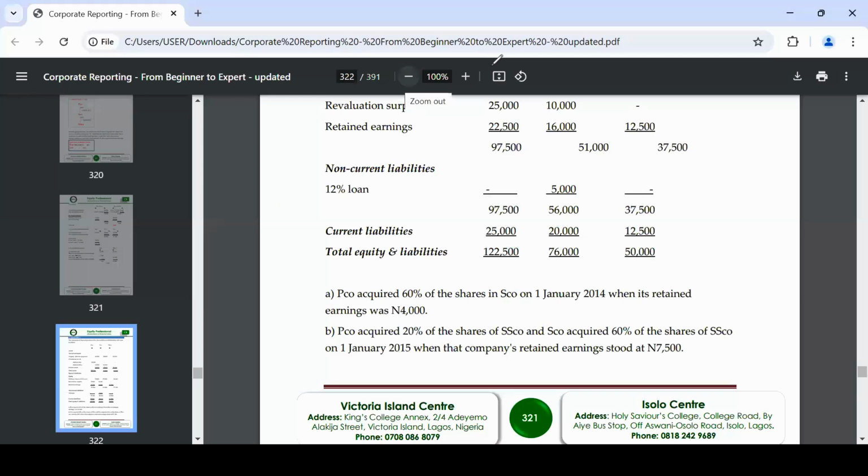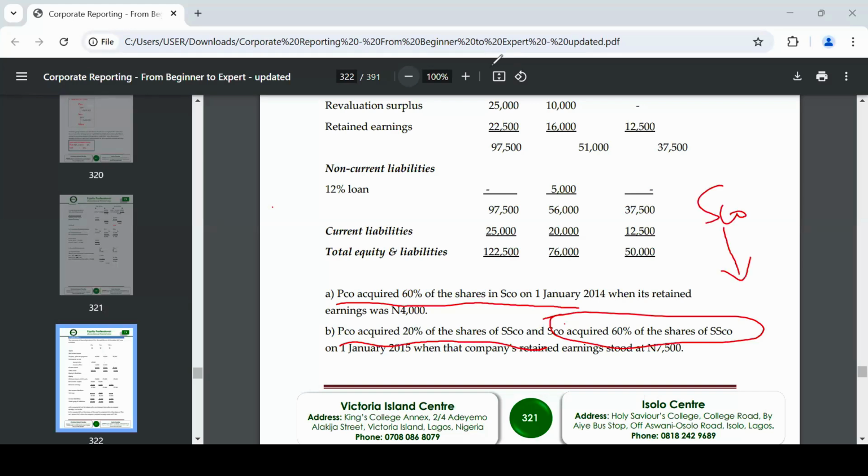All right, okay. You will see here, PICO acquired 60% shares in ESCO. Now, the same PICO acquired 20% in SSCO. Meanwhile, ESCO acquired 60% of the shares in SSCO, meaning ESCO has a controlling interest in SSCO. But PICO also has the same 60% over ESCO.